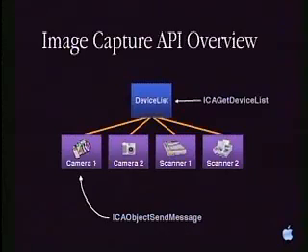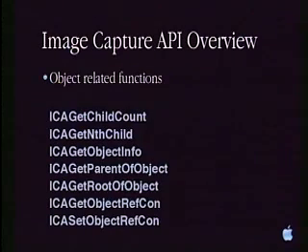So once again, the ICA get device list gives you the object for the device list, and you can send a message to a device, like take a picture. The object-related functions. Well, it's quite clear whenever you look at the device object tree, you have to walk through the tree, and that's basically what the object-related functions do.